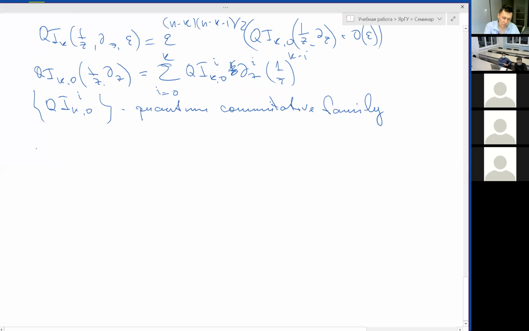So the quantum Adler-Kostant-Symes scheme here is analogous.